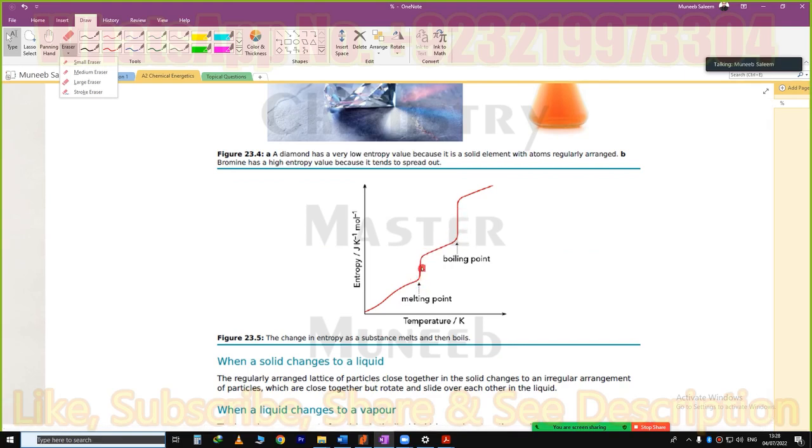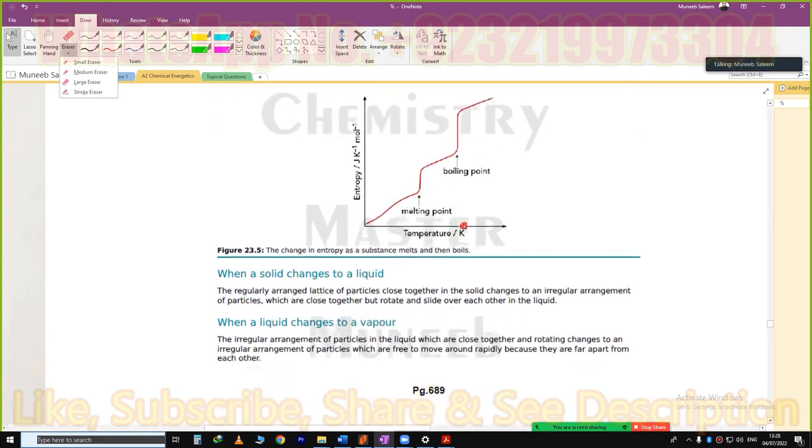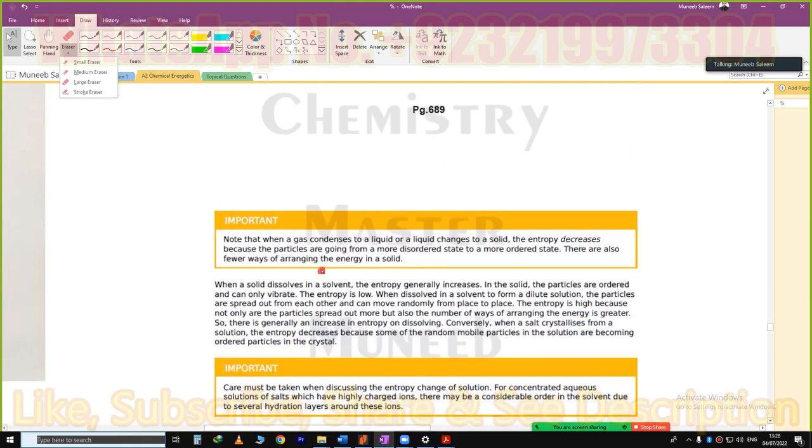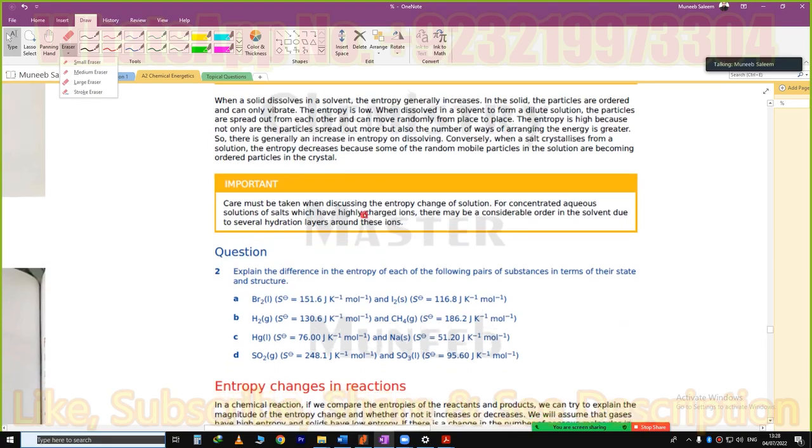Entropy values change. There is a smaller value at the melting point with respect to the boiling point. Now the reverse phenomenon. Note that when a gas condenses to a liquid or a liquid changes to a solid, the entropy decreases because the particles are going from a more disordered state to a more ordered state.